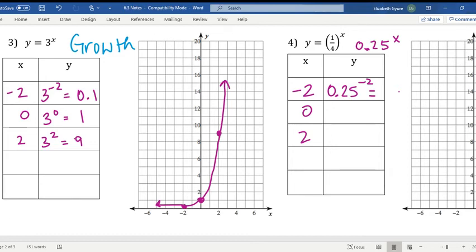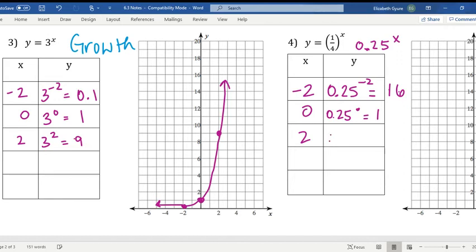Somebody tell me what you guys got. Very good, 16. Hannah, were you able to get 16 for this one? Okay, perfect. Now plug in your 0, so 0.25 to the 0. It is still going to equal 1. Good.